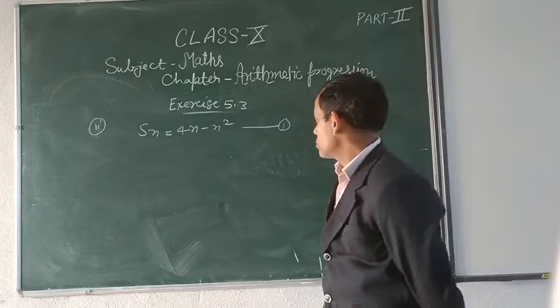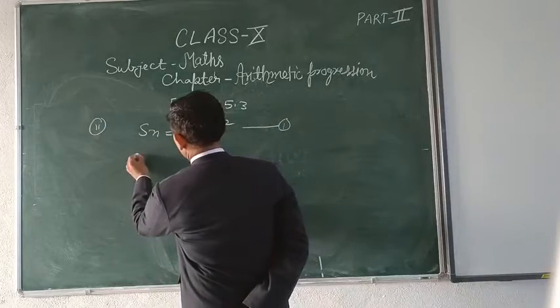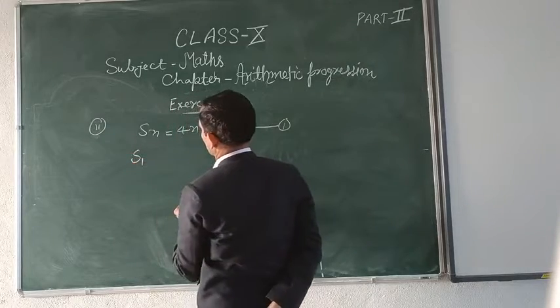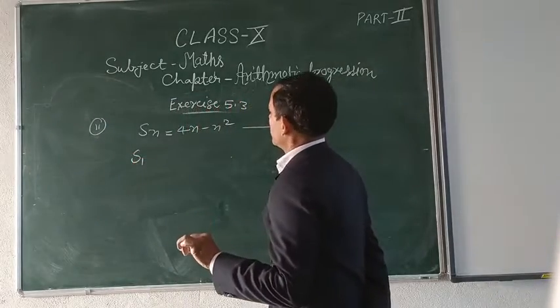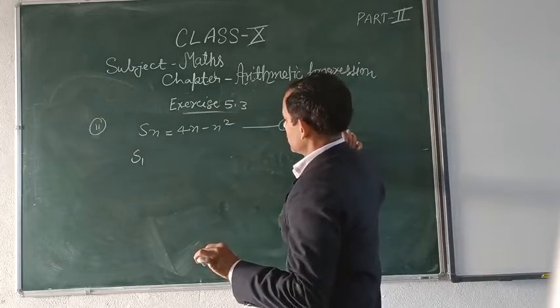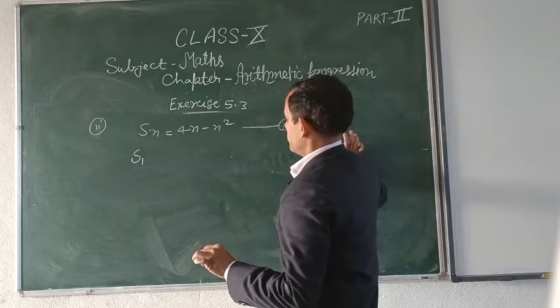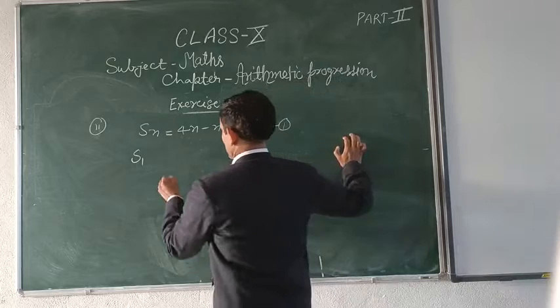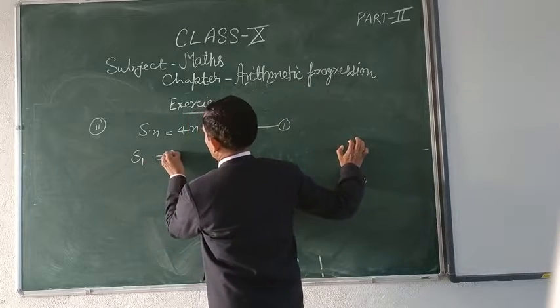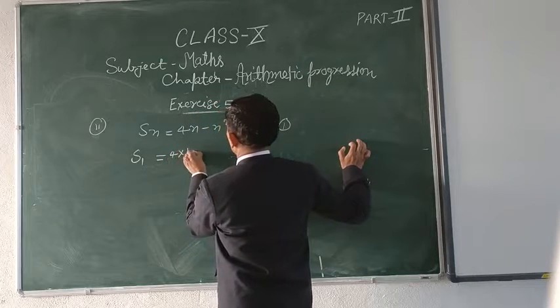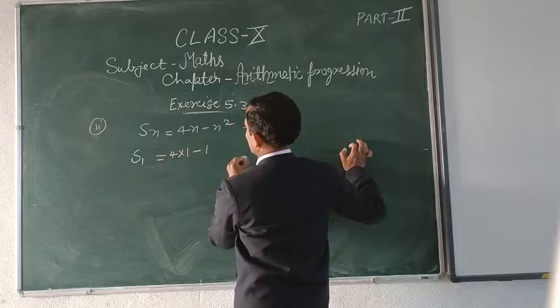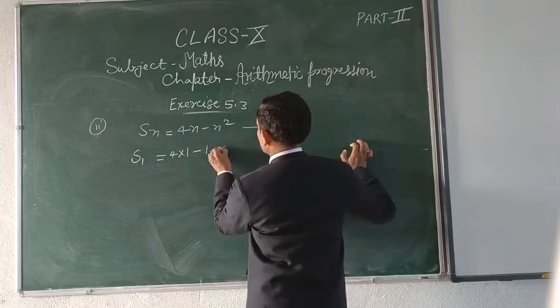Okay. So first we find S1. S1, how we find? We put n equal to 1. And we find S1. Okay. Then 4 into 1 minus 1 square, which means 1. Then it will be 3.